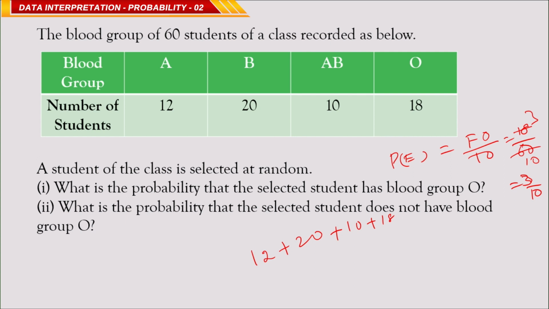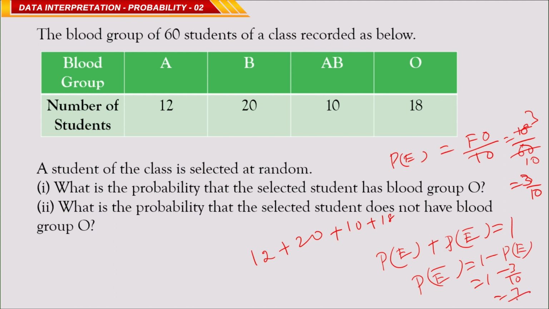As you know, P of E plus P of E bar is 1. P of E is already 3 by 10, so P of E bar is 1 minus 3 by 10, that is 7 by 10. So, the probability that the selected student does not have blood group O is 7 by 10.